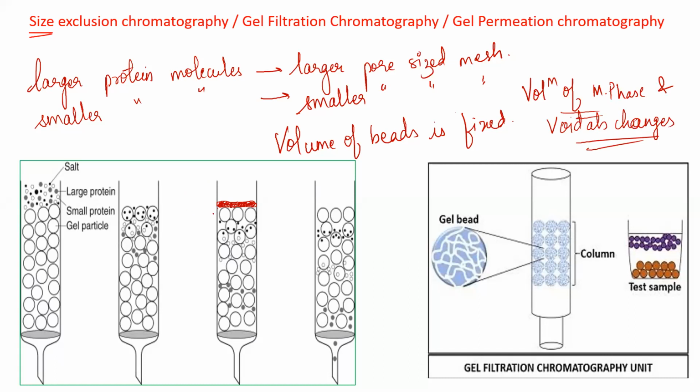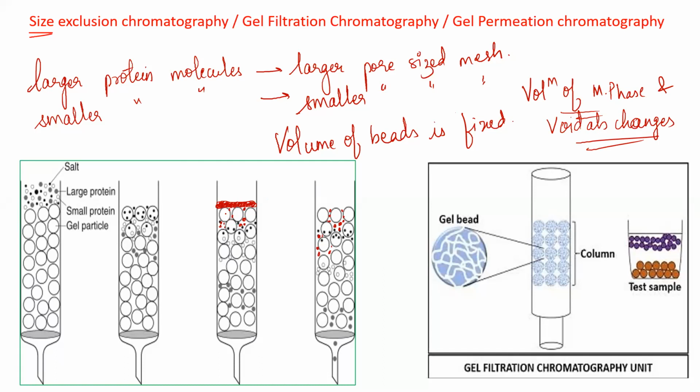Sometimes this void is occupied by protein molecules. After you load your sample, this sample, which is red color here, is going to move down also. This sample will have different sizes.